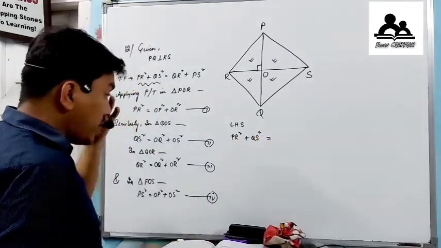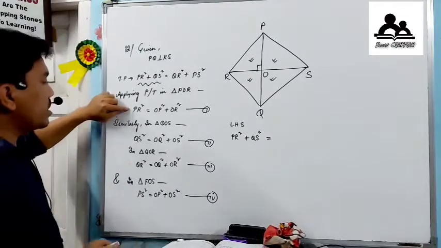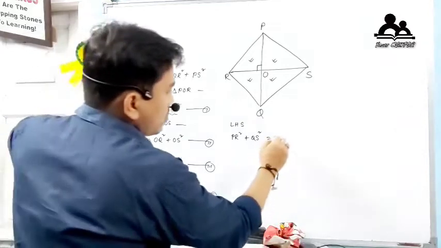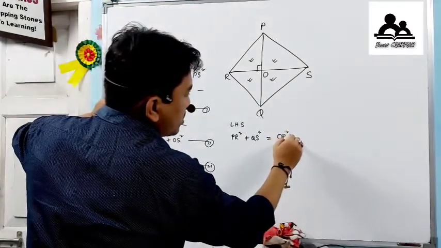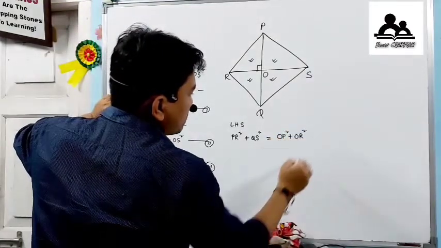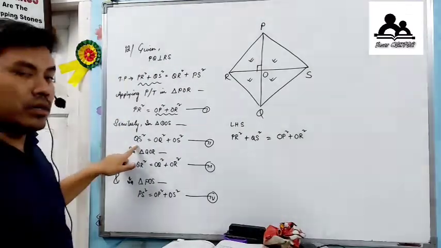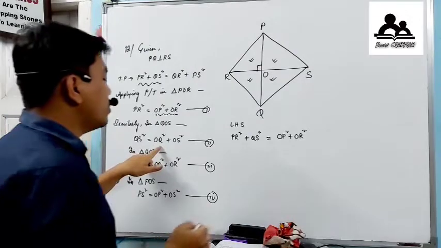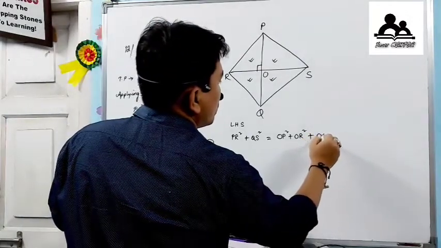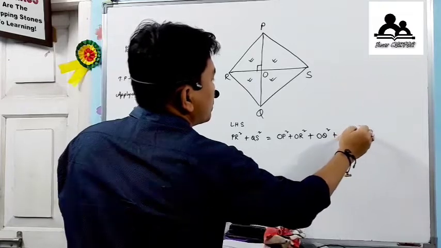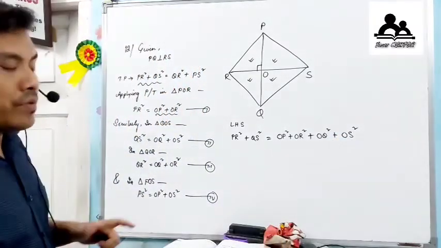PR square is equal to OP square plus OR square. Then after that, QS square we can write as OQ square plus OS square.